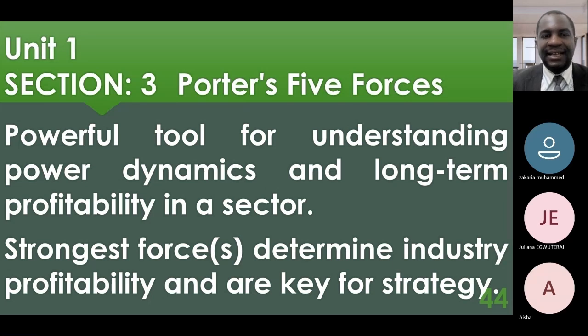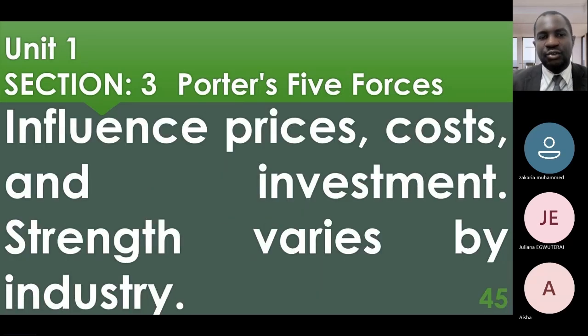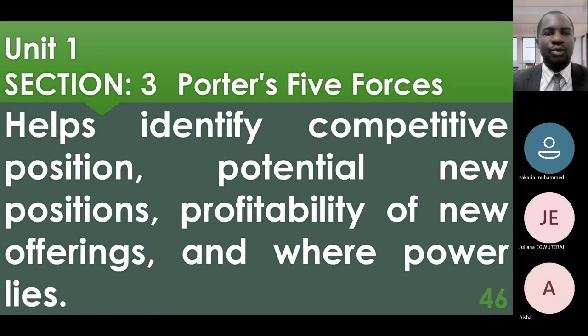Those have been age-long rivals in the market of beverages. These forces determine the market share, and they also influence prices, costs and investment decisions. The strength also varies by industry depending on the products.